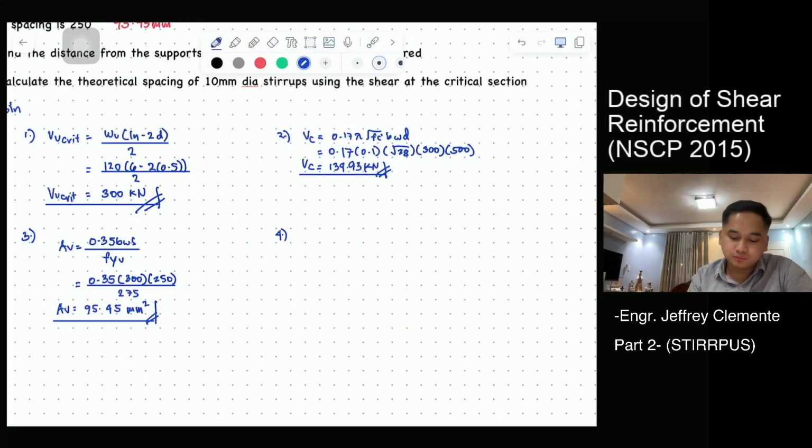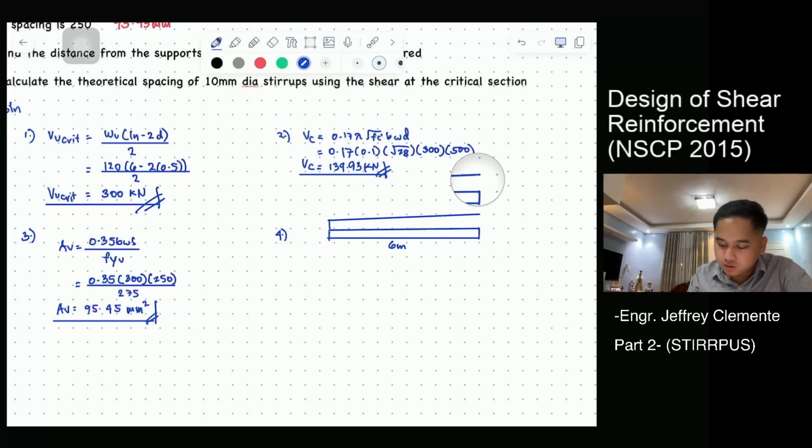So, gawin muna natin yung ito ang ginagawa ko, ratio proportion eh. Gawin natin yung drawing ko yung beam. For example, I have the beam. This is 6 meter eh. Tapos may load ka. Uniform load na 120 kilonewton per meter.